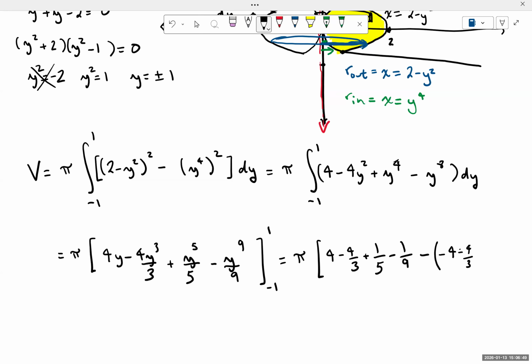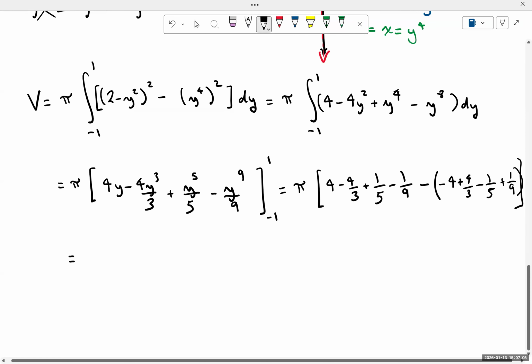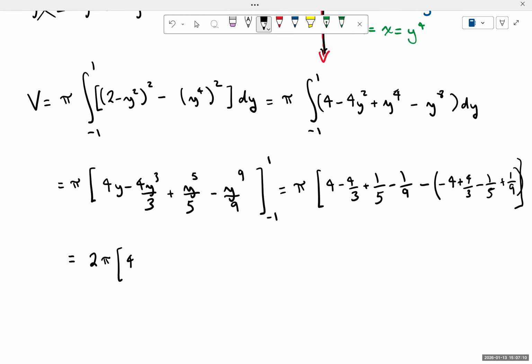The powers are all going to be odd. So these are all the same. So 2 pi times 4 minus 4/3 plus 1/5 minus 1/9. So what I end up with is 45 in the bottom. 4 times 45 is just 180.